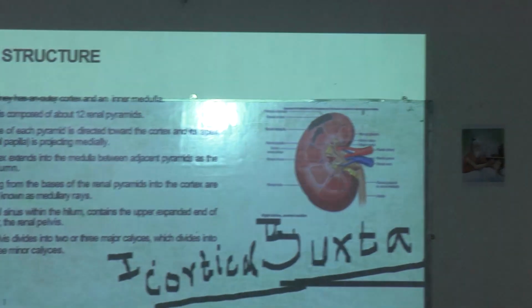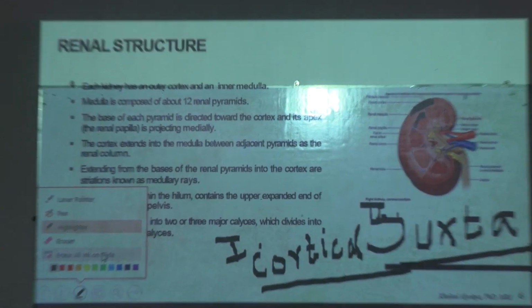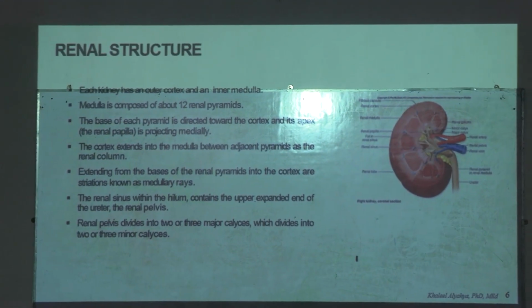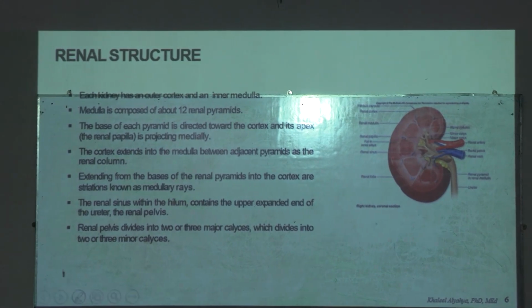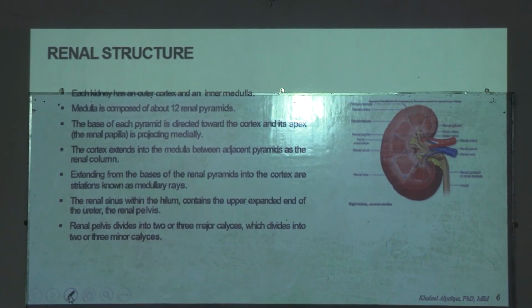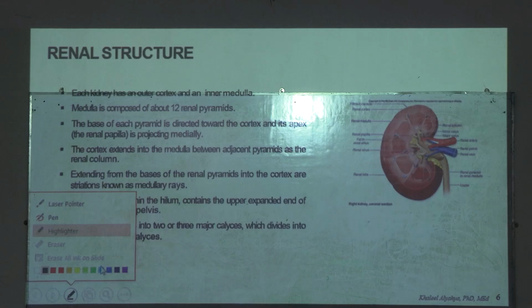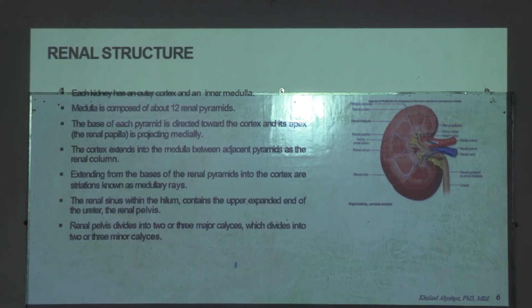Now the cortical nephrons are active. The major blood circulation, major excretion is related to the cortical nephrons. Juxtamedullary nephrons, actually they remain inert. They generally do not take part in function.